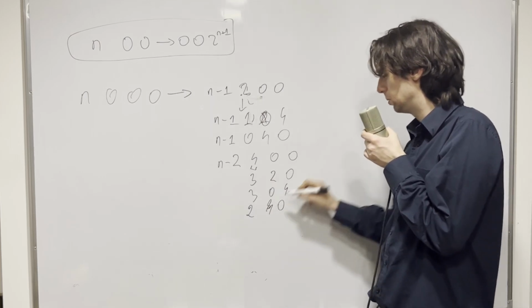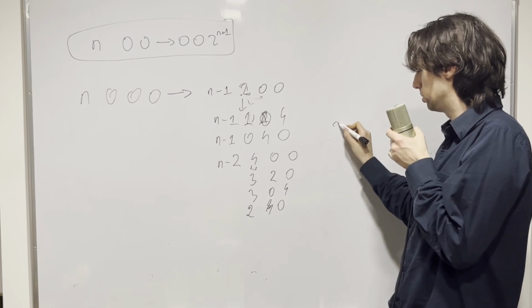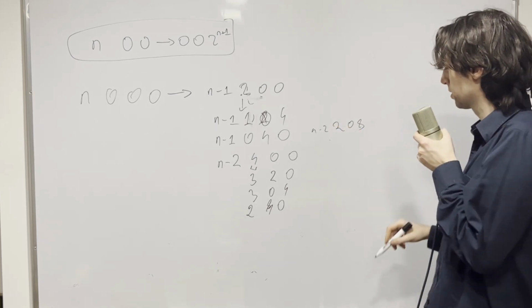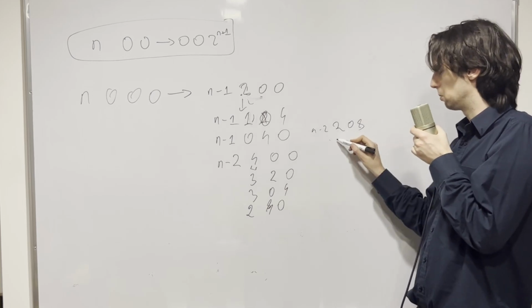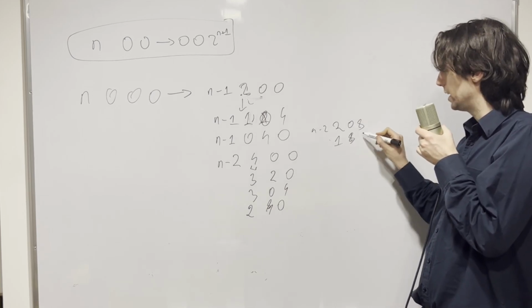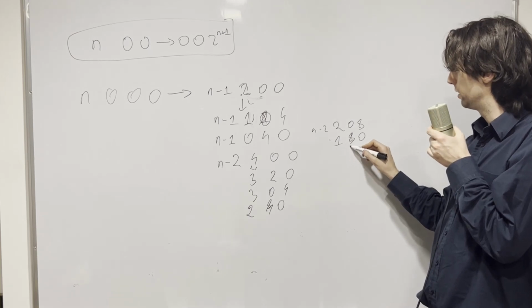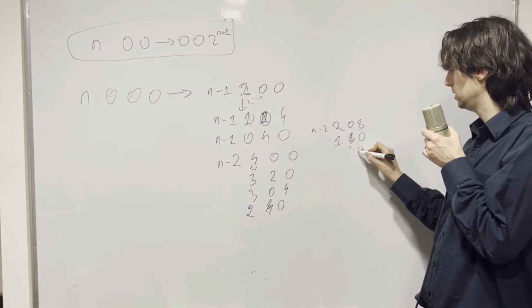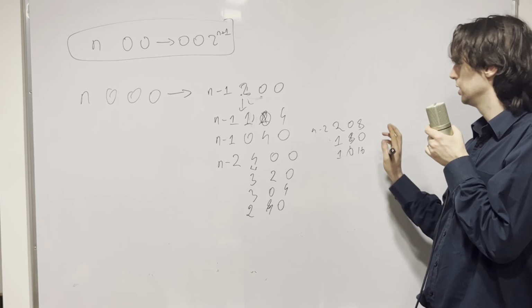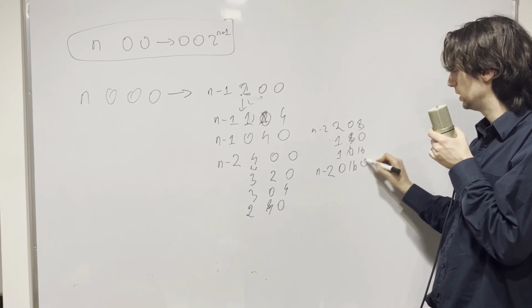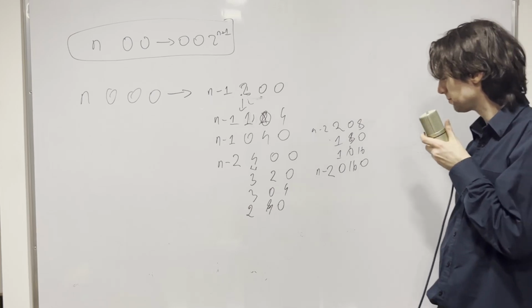And then, doubling it, I'll get to 2, 0, 8, and then n minus 2. And then I can switch it around, 8, 0. And now from here, I can get to 16, 0, 1. Switch it around, I get n minus 2, 0, 16, and 0.